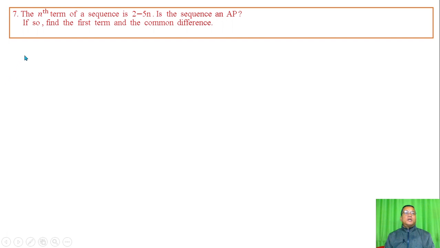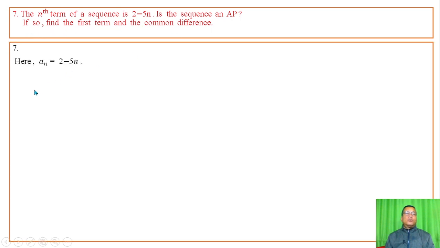Question number 7. The nth term of a sequence is 2 minus 5n. Is the sequence an AP? If so, find the first term and the common difference. Here an is this. Therefore, write a of n plus 1 by replacing n with n plus 1 and simplify.